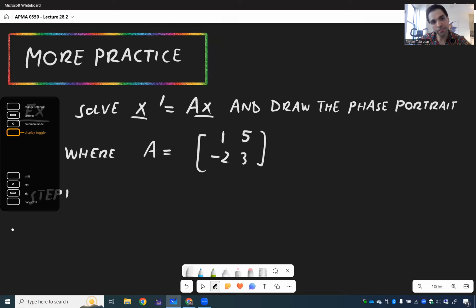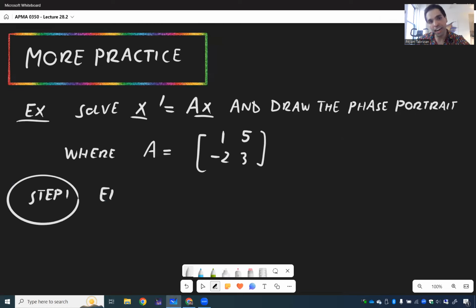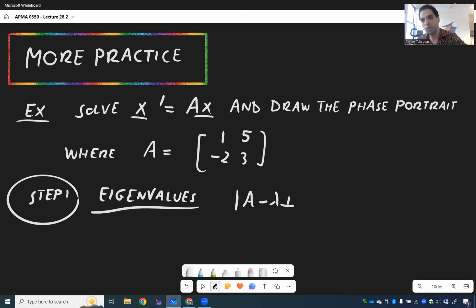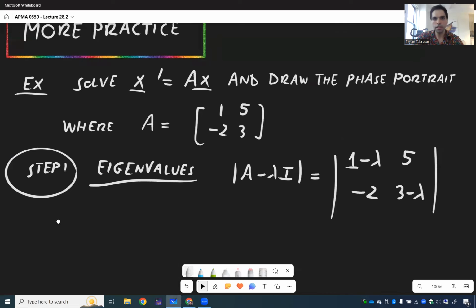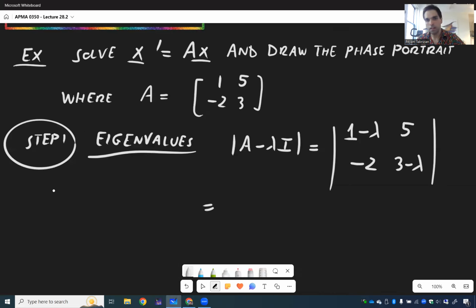And for this, as usual, let's find the eigenvalues. So let's do A minus lambda I, the determinant of A minus lambda I. So (1 minus lambda), 5, minus 2, (3 minus lambda). Let's expand this out.